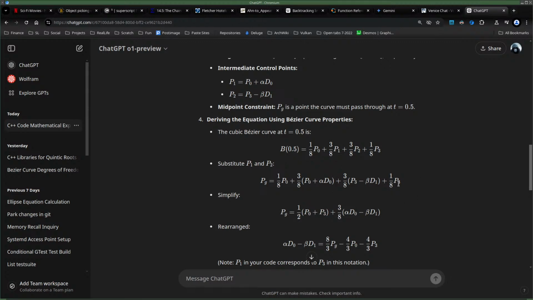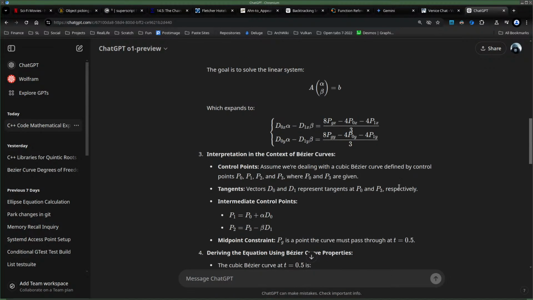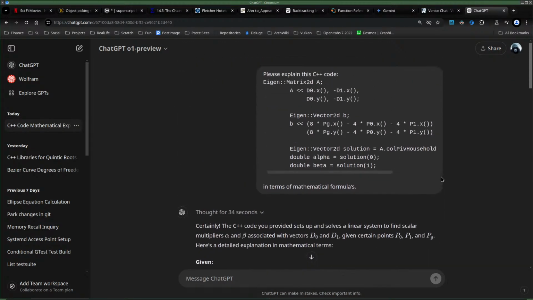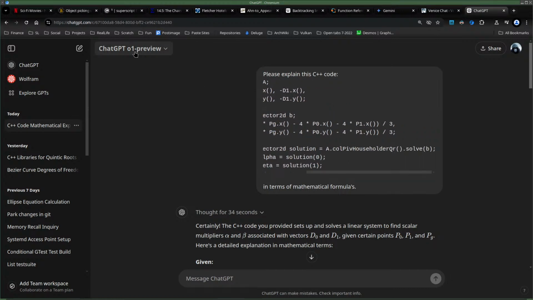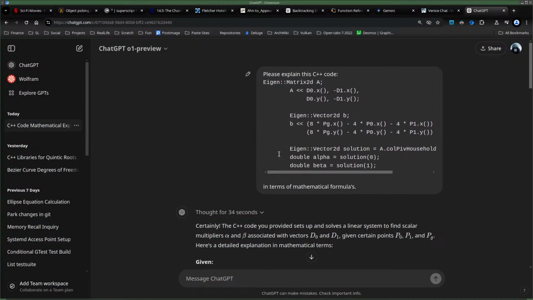This is it. Wow, this is like magic. Till here I had the feeling like this is not going to help me one bit. And then it came with an interpretation in the context of Bezier curves. Is that in my code? Look at this. This is a new instance of ChatGPT, and I'm not mentioning Bezier curves at all.